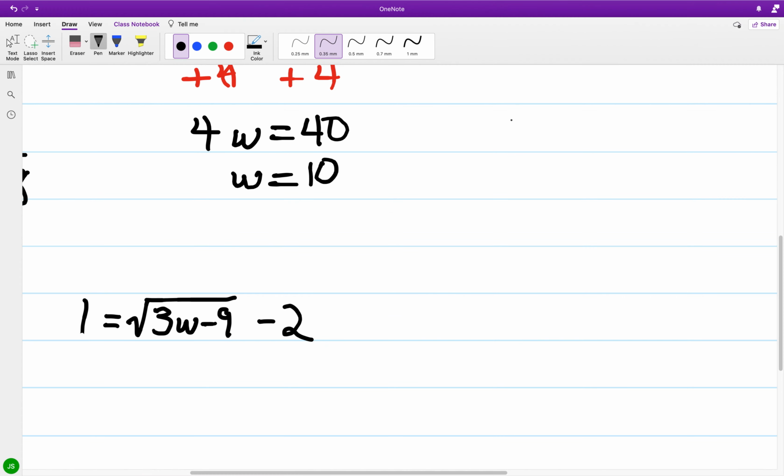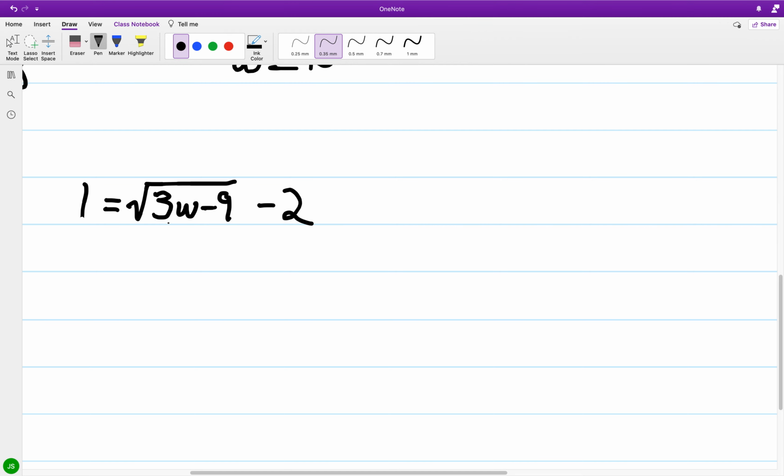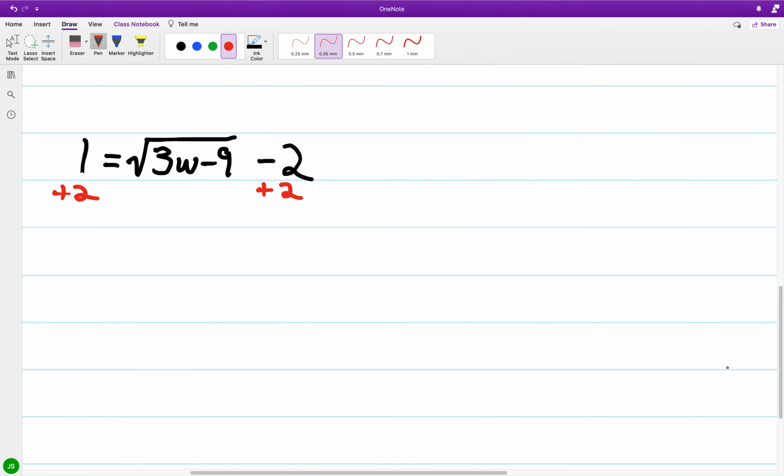We have a radical expression, the square root of 3w minus 9, so I isolate the radical by adding 2 to both sides. 1 plus 2 is 3, and we have that 3 is equal to the square root of 3w minus 9.